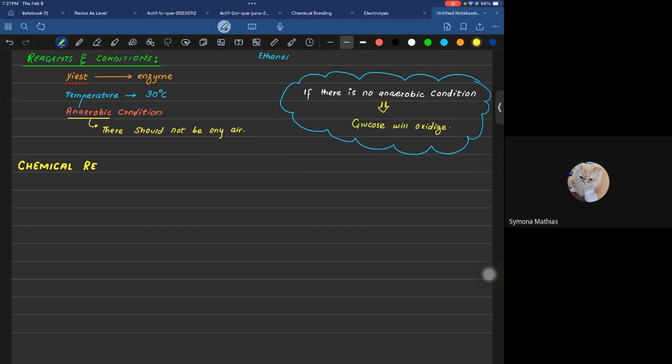Chemical reactions we will be studying. Let's suppose I have alcohol and I want to convert this into alkene again. So first of all, alcohol to alkene.